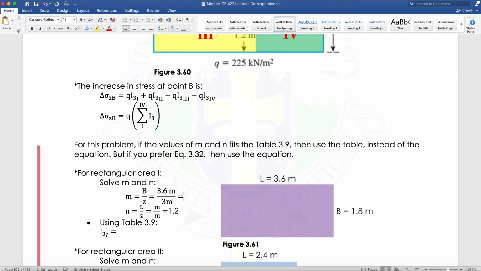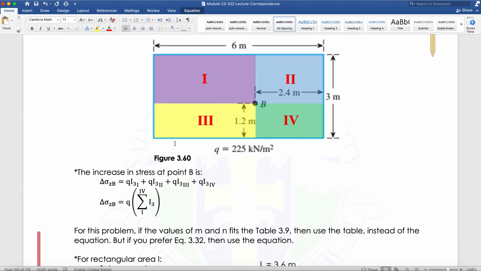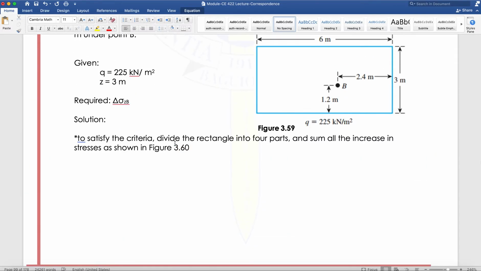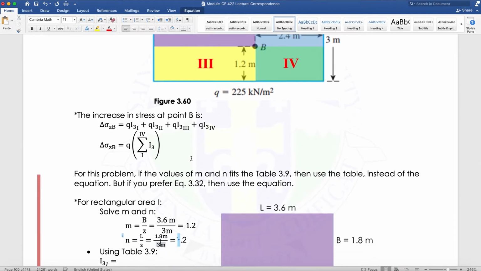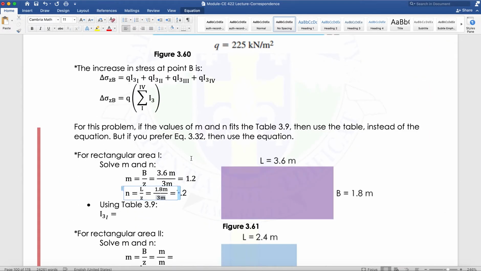Next, for the n, we have 1.8 divided by 3. Our depth here is 3, right? Yeah, 3. So that is equivalent to 0.6. It's not 1.2.